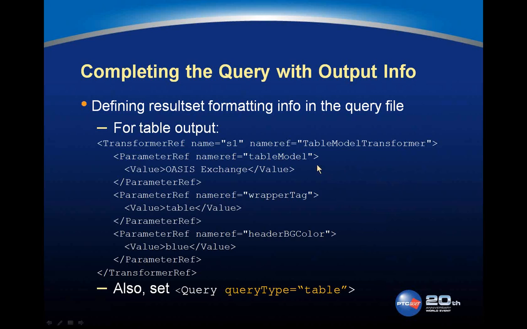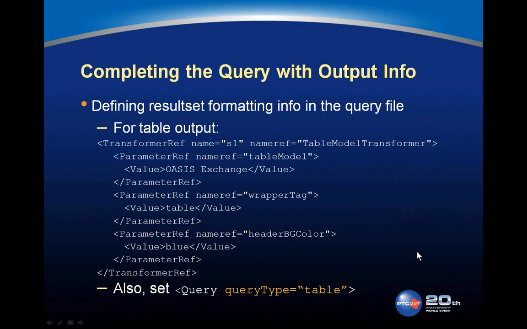Okay, so completing the query with the output info. This is an example of what you would set up in your DMF file if you just want to get a table out, a straightforward table. You look for the name ref table model transformer, and you specify the table model you want.